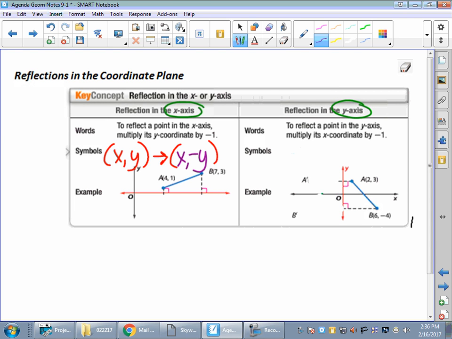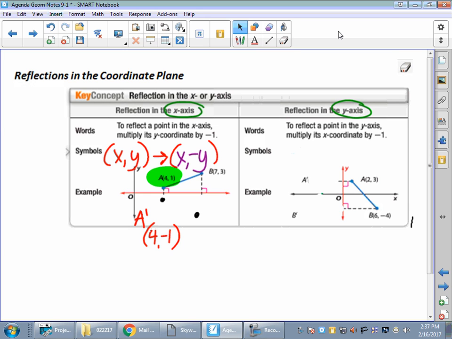So my reflection over the x-axis, if I start with this point A that you can barely see, the ordered pair 4, 1, common sense tells us that it'll be right about here, equidistant on the other side of the x-axis. Common sense tells us that B will be somewhere around here. But my ordered pair for A prime, reflected over the x-axis, should be 4, -1, over 4 and down 1.